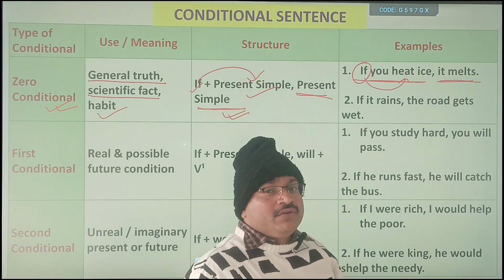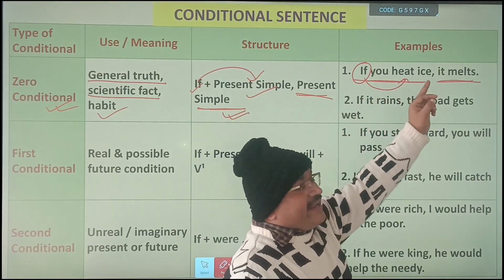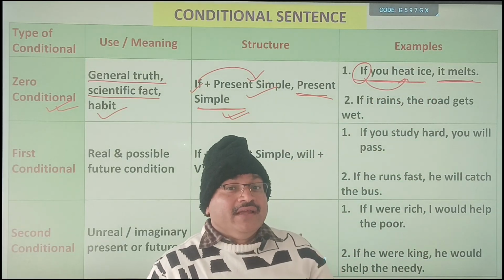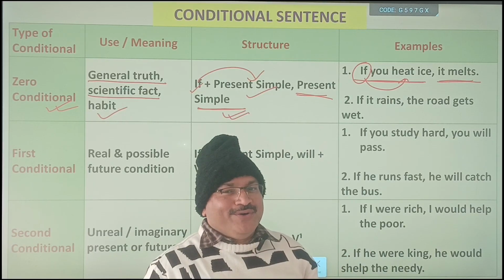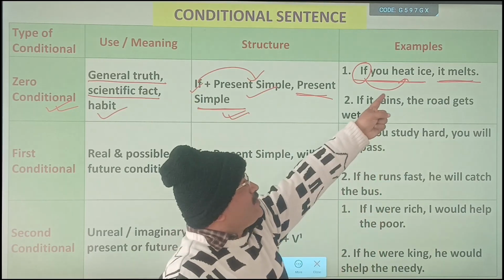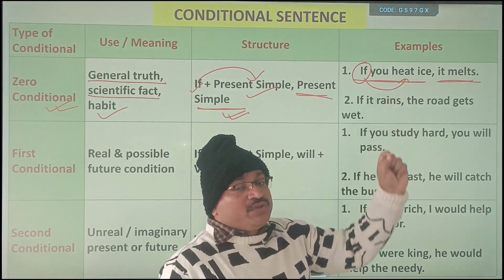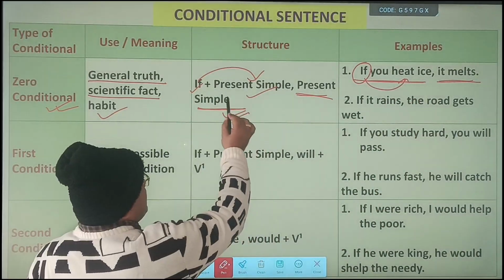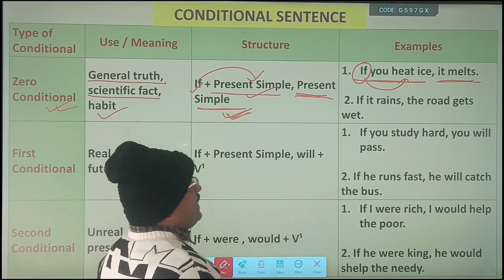In examination, you will get a question like, if you heat ice, it will melt. Sounds to be correct, but grammatically wrong. Why? Because this is a scientific truth. And in scientific truth, what does the structure say? The structure says that both should be in simple present tense.